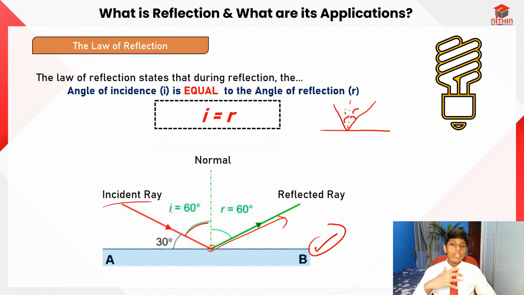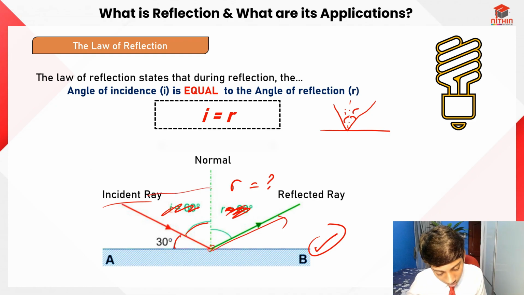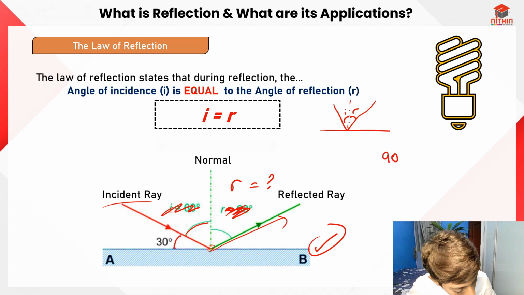Whenever they ask you to find the angle of reflection, if they give you this angle without these two angles, and ask R equals mystery, what we are supposed to calculate is this: you know that this is a 90-degree angle, so we take 90 degrees minus 30 degrees, which is equal to 60 degrees.